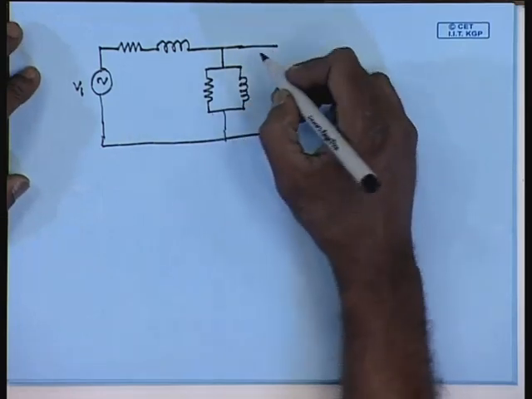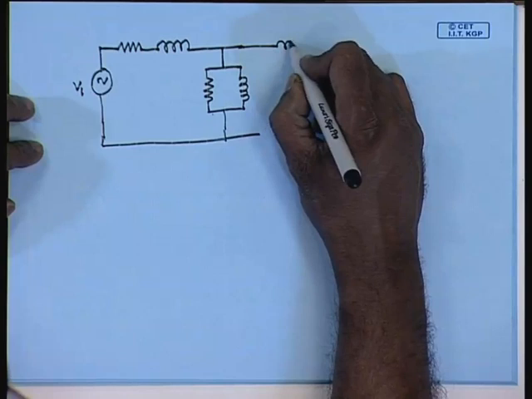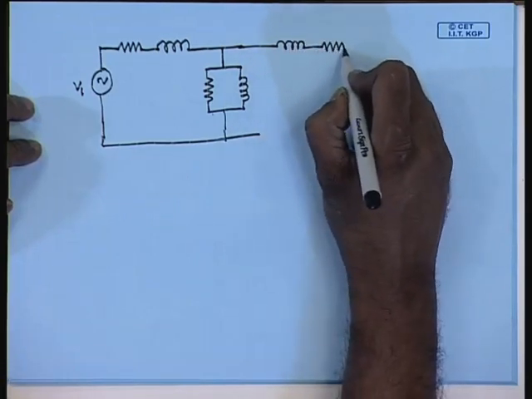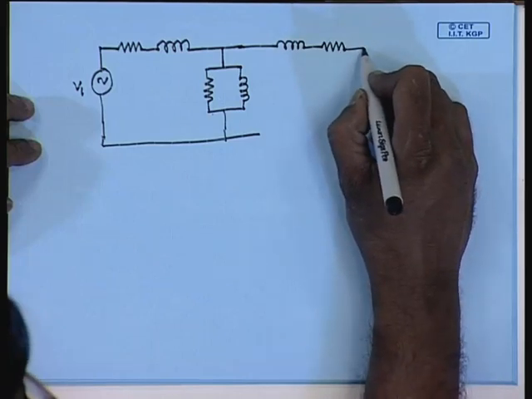However, the elements on the secondary side have to be referred to primary with the given turns ratio.